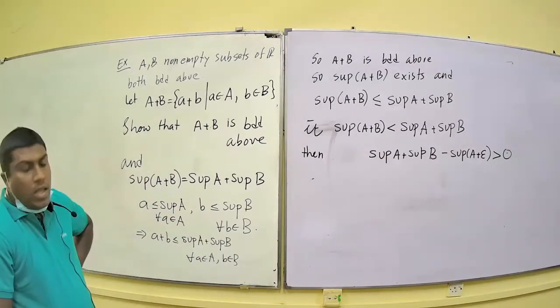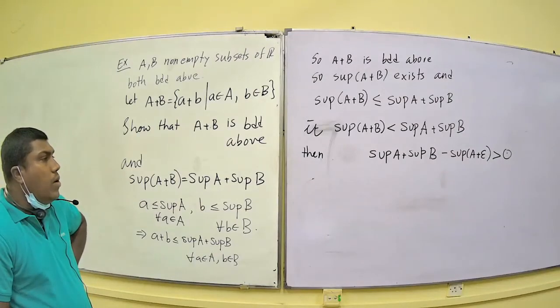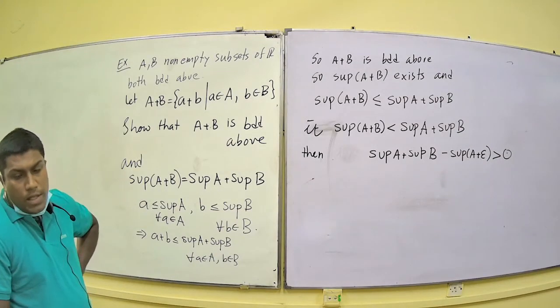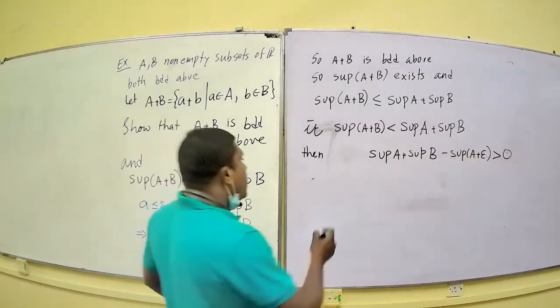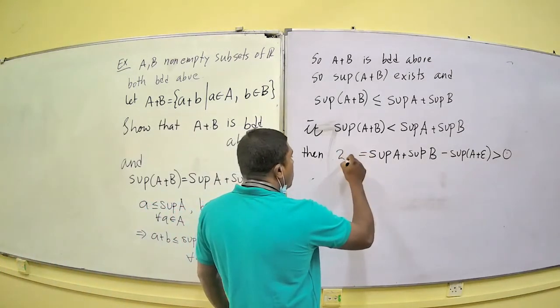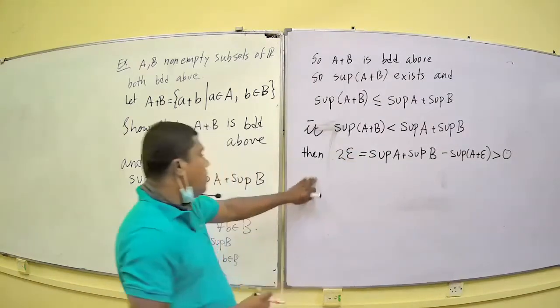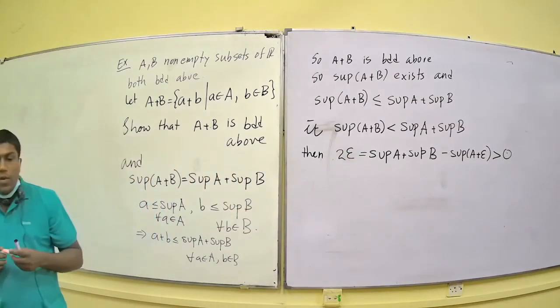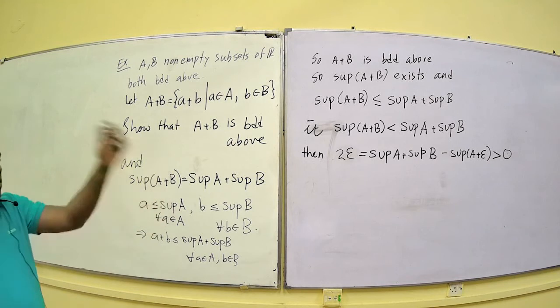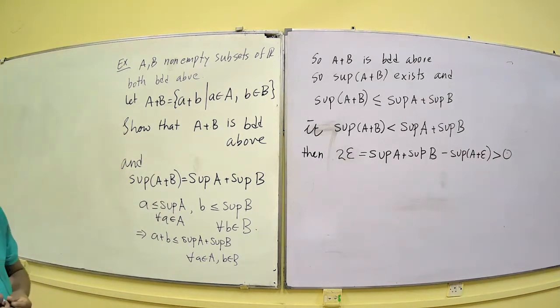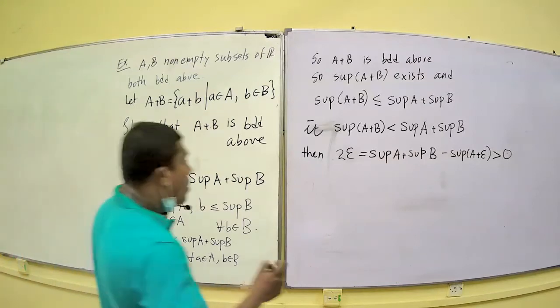You know that because if the strict inequality is true, this one is positive. So let's say I will take this as 2 epsilon. Just for the sake of convenience, let me take this as 2 epsilon. If epsilon is positive, 2 epsilon is positive. So there is no problem in taking this as 2 epsilon, right?